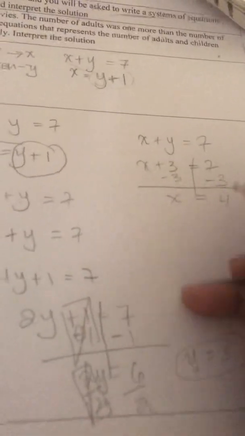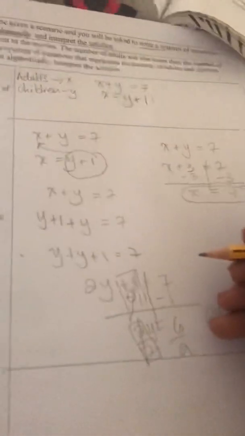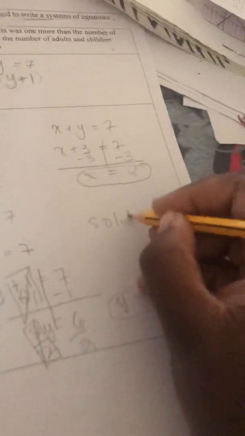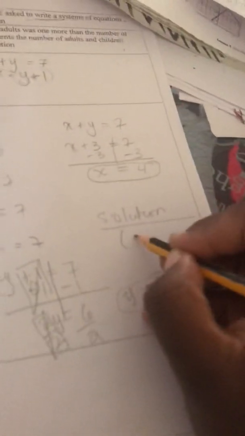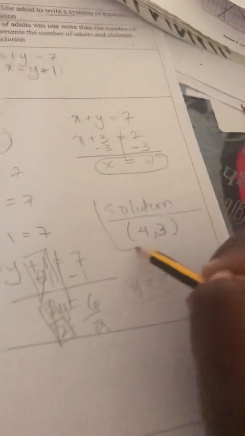X is equals to 4. So then my solution is 4, 3. This is my solution. Okay?